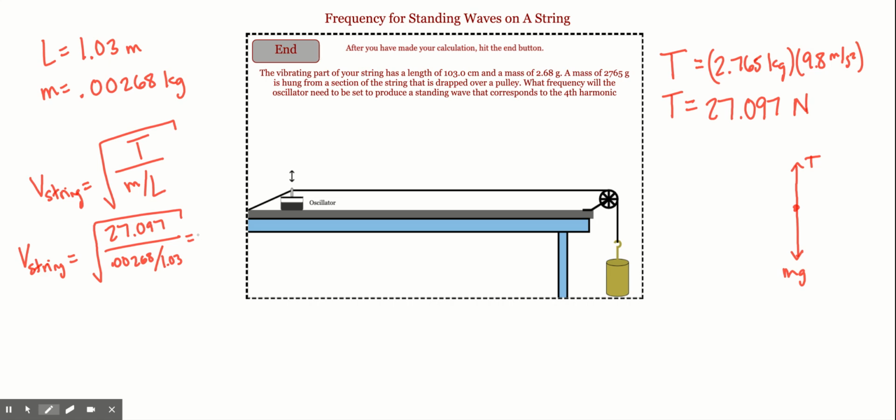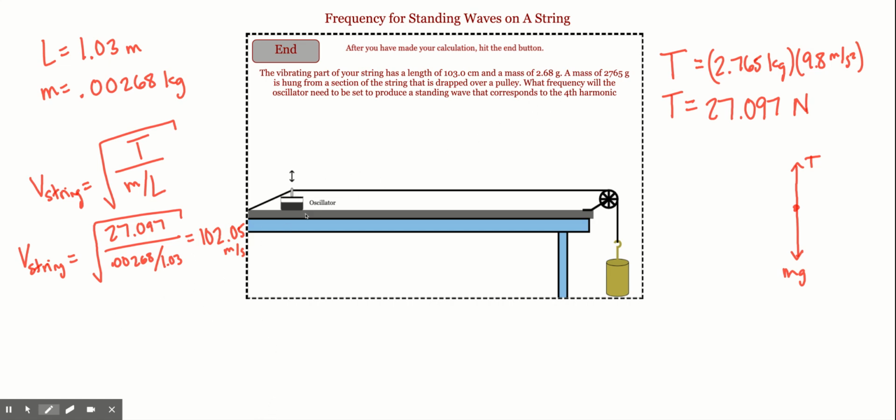So divide 0.00268 by 1.03 and take the square root of all that. I get 102.05 meters per second.